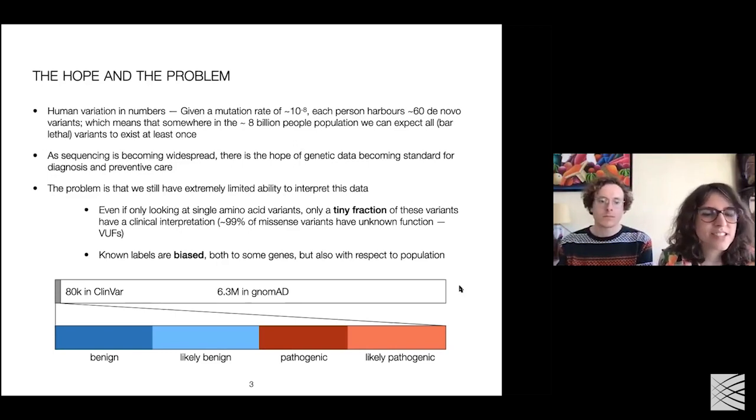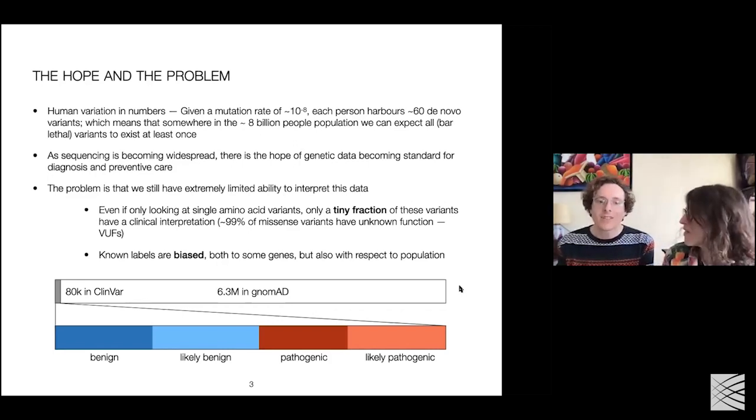Variants are classified as either benign, likely benign, pathogenic, or likely pathogenic. So you see it's a tiny, tiny fraction, and about 99% or less of the missense variants are called variants of unknown function. And this ratio is only going to increase if the rate at which we sequence people goes faster than the rate at which we determine clinical interpretation.